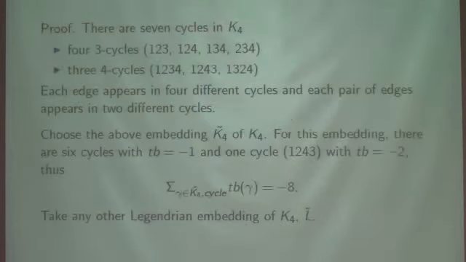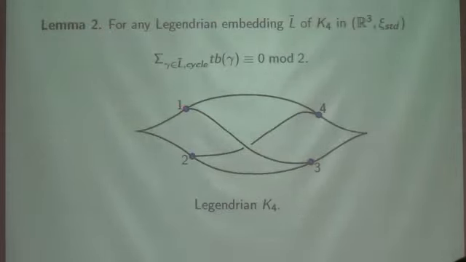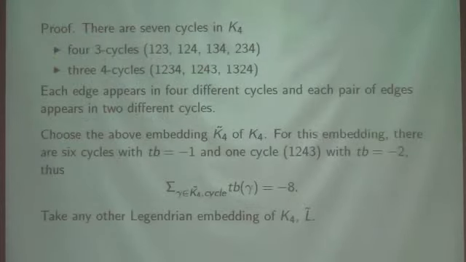And here's how we can see that. There are 7 cycles in K4, and if we have it labeled like this, 1, 2, 3, 4, we have 4 3-cycles and 3 4-cycles. And each edge appears in 4 different cycles, and each pair of edges appears in 2 different cycles.